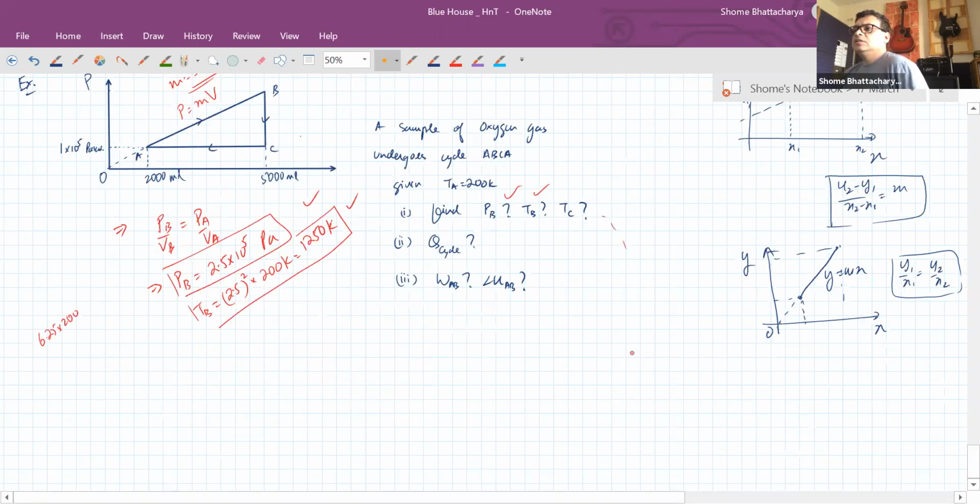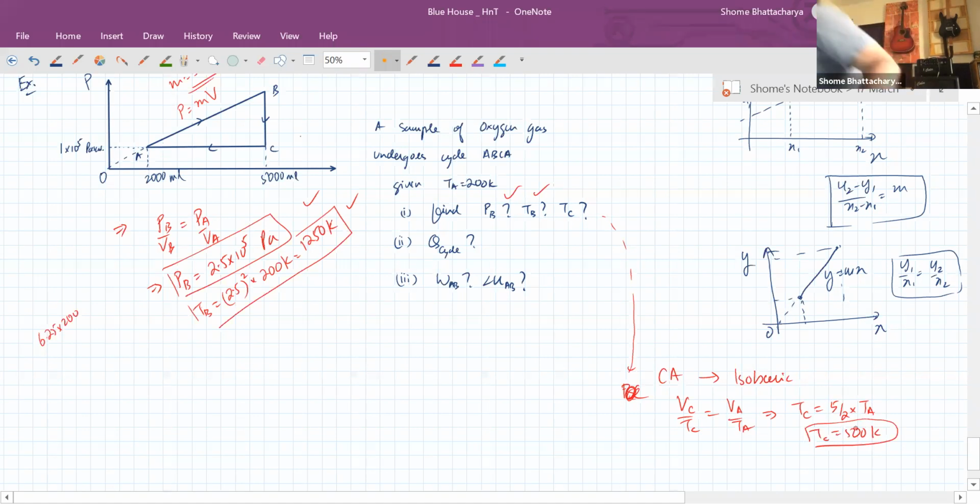Now about the point C, you can see directly that CA is isobaric. So volume at C divided by temperature at C should be equal to volume at A divided by temperature at A. So temperature at the point C will come out to be 500 Kelvin.